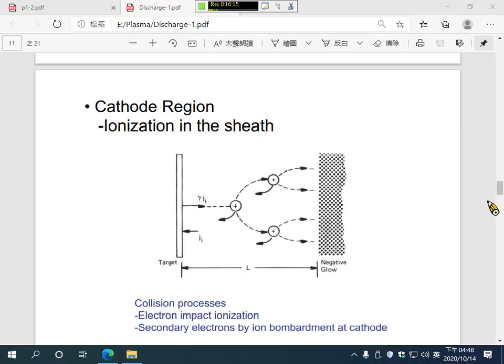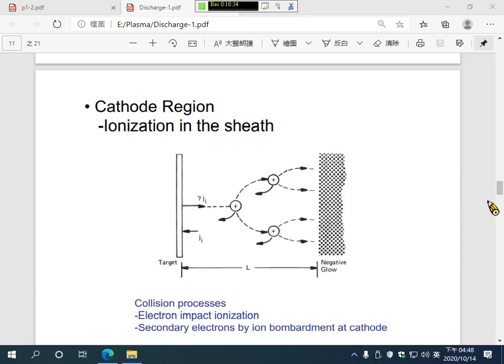So here is the potential drop from the plasma to the cathode surface. The plasma has a potential a little bit higher than the ground potential, and the cathode surface has a negative potential.